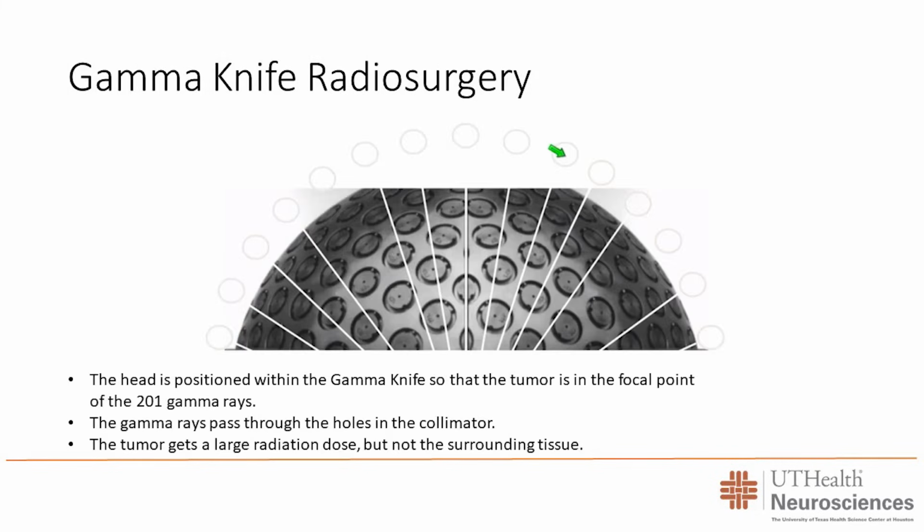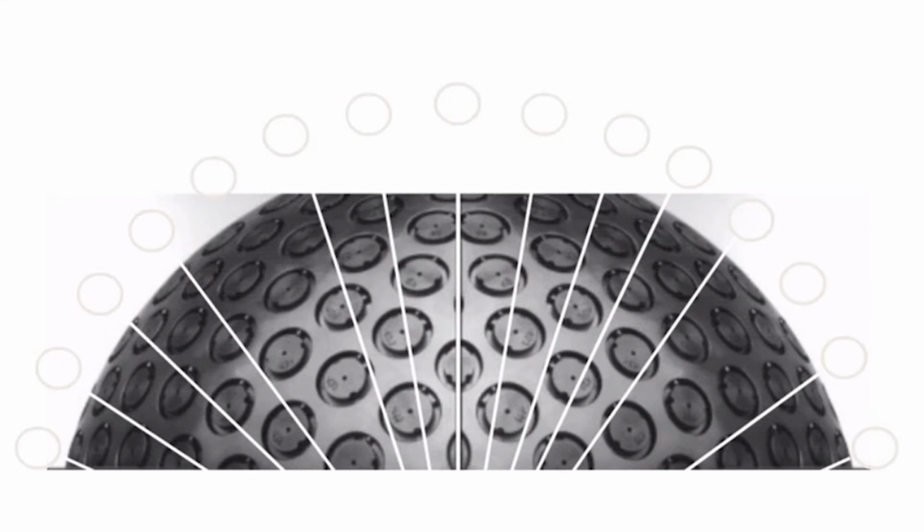So unlike the standard radiation, when we look at the gamma knife, we see we have 201 radiation sources, and that's represented by these little balls. And they're arrayed around what we call the collimator, and all around.